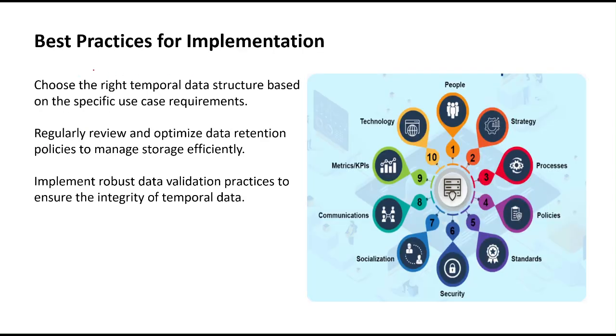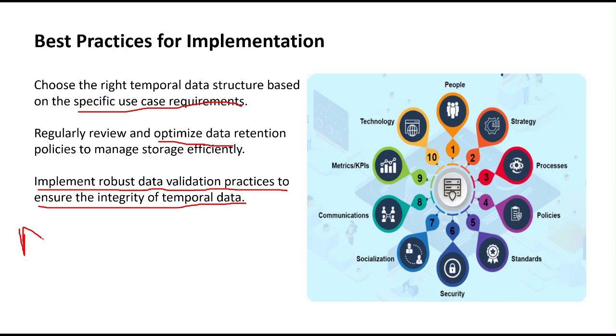Now, let us discuss best practices for implementation. Choose the right temporal data structure based on specific use case requirements. Regularly review and optimize data retention policies. Implement robust data validation practices to ensure the integrity of temporal data.